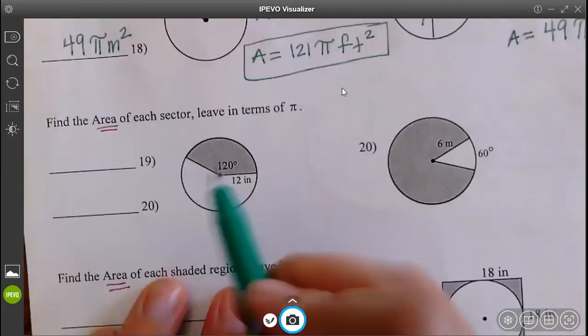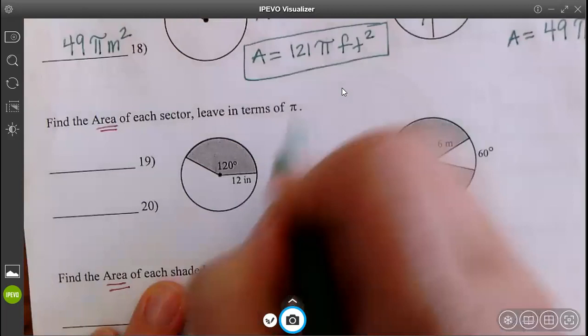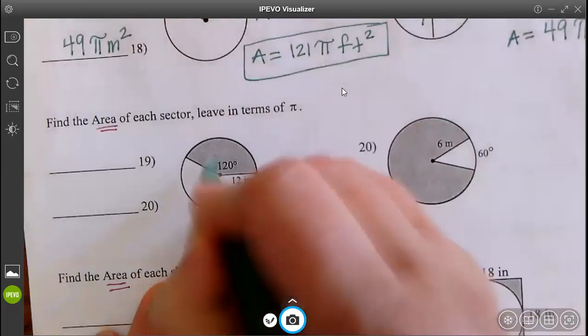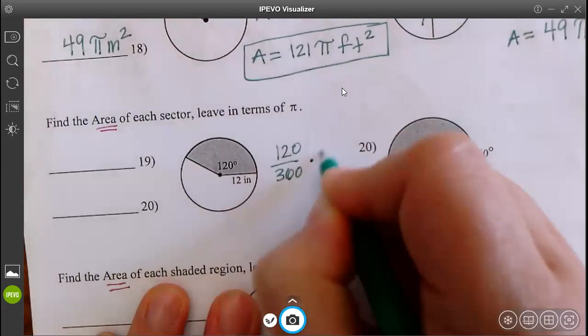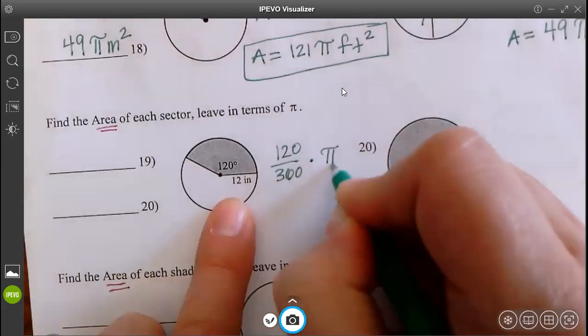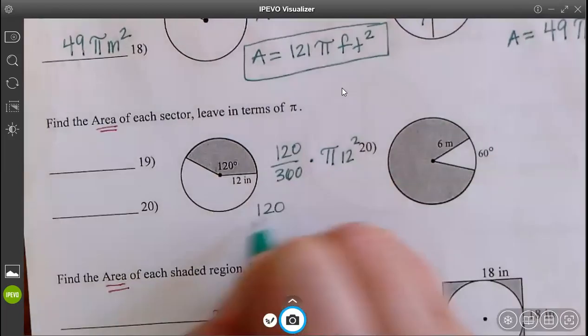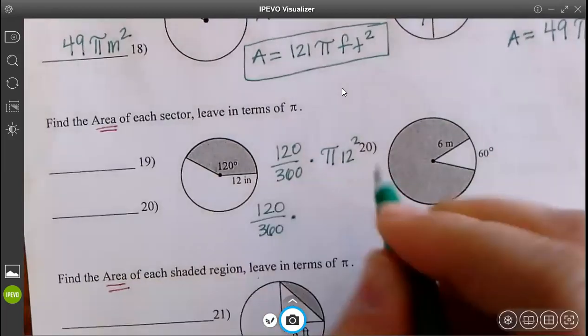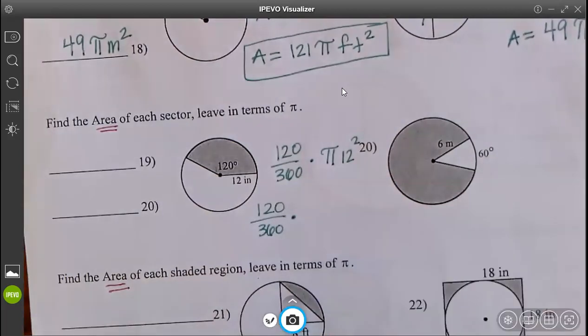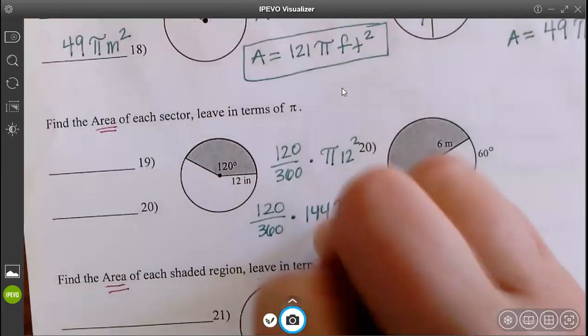So this one, 120, we're trying to find this area: 120 over 360 times pi radius squared. 12 squared is 144, so 144 pi.